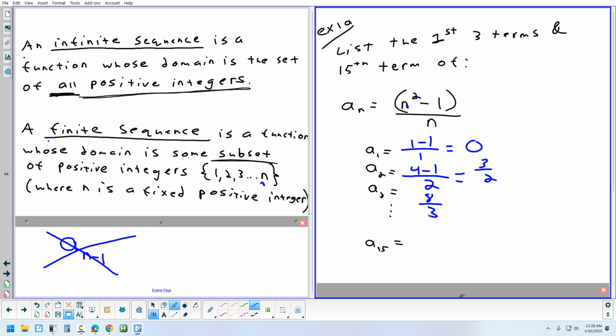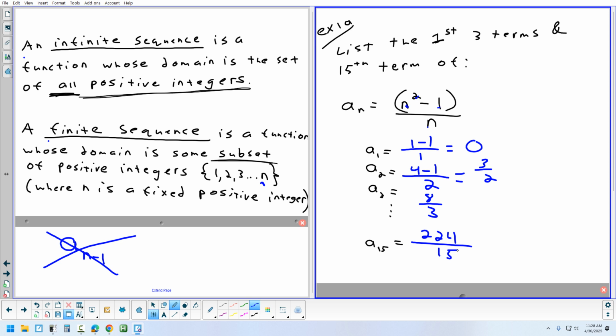And the 15th term. What's 15 squared? 225. Minus 1. 224. And what goes in the bottom? 15. Whatever number you're looking for. We're looking for the 15th one.